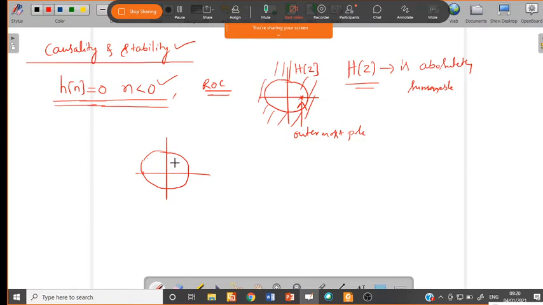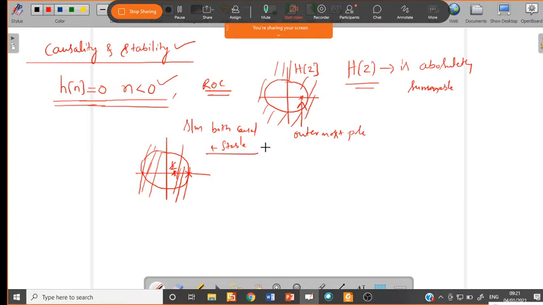Say for example this is a unity circle, and the outermost pole exists somewhere here, then the ROC will be greater than this outermost pole. Say the outermost pole is at half, then whatever ROC exists greater than this outermost pole and includes the unity circle, we can say the system is both causal and stable.